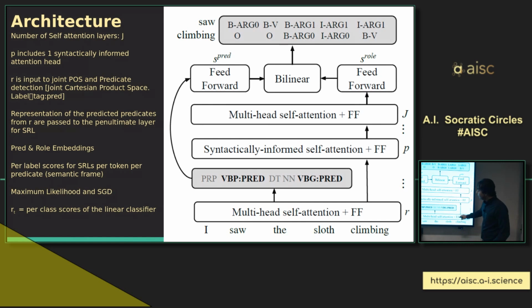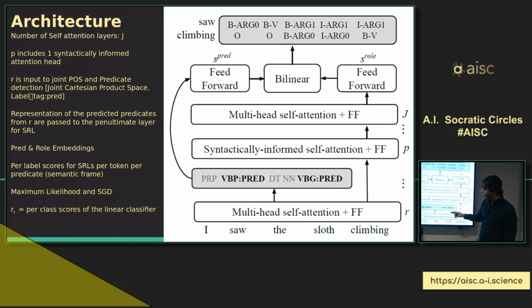So R is the representation input to decide on POS tagging and predicate detection joint space, which is also the predicate and role embeddings. Oh, I did talk about the embeddings. We used maximum likelihood and SGD for optimization, stochastic gradient descent.